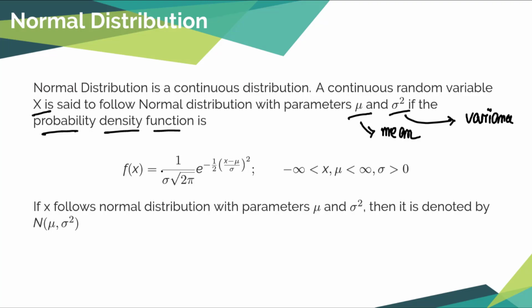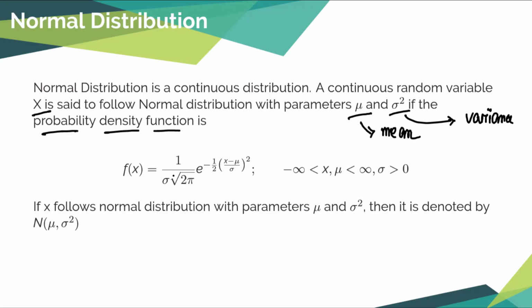So the formula for the probability density function is f(x) equal to 1 over sigma root 2 pi, e to the power minus half, x minus mu by sigma whole square, right? So this is the probability density function of normal distribution.